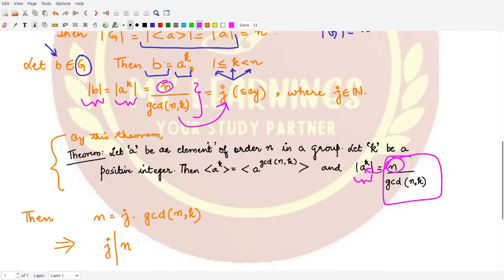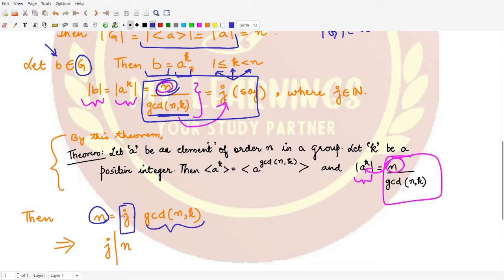So accordingly, if you see this expression here, from this expression you can have the value of n. This is j multiplied with the GCD of n and k, right? So that means this j divides n. Why? Because n is a multiple of j, or in other words you can say that j divides n.